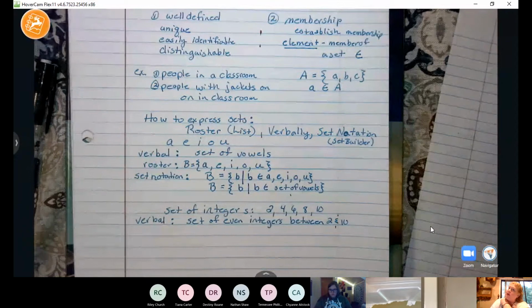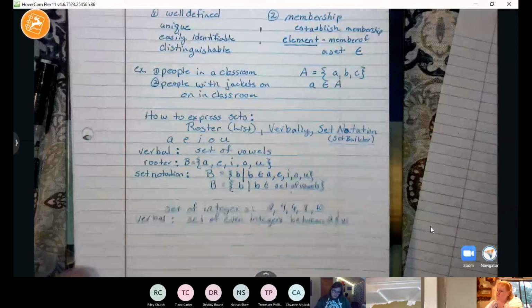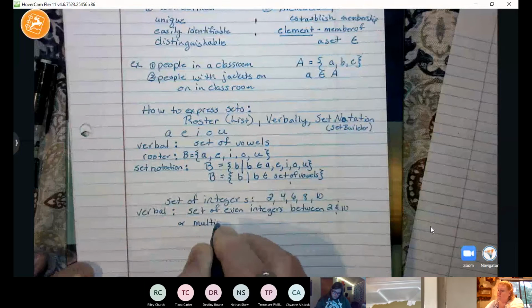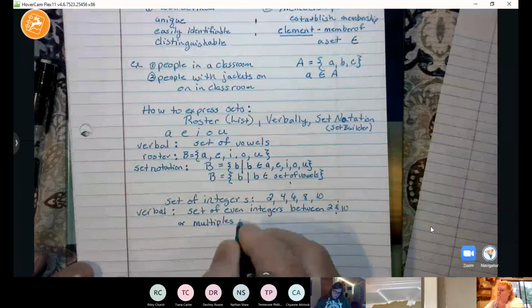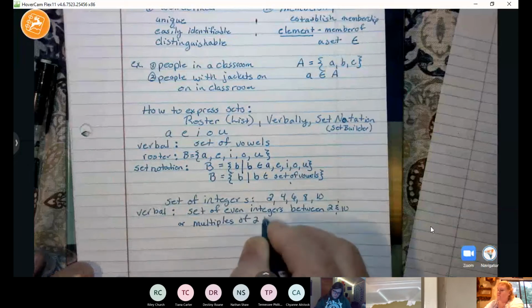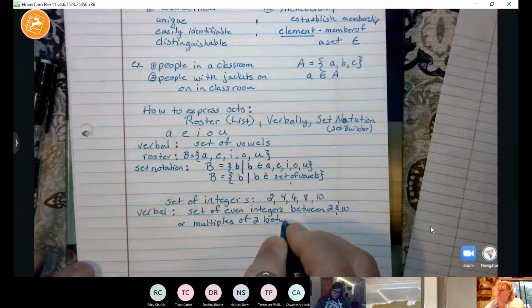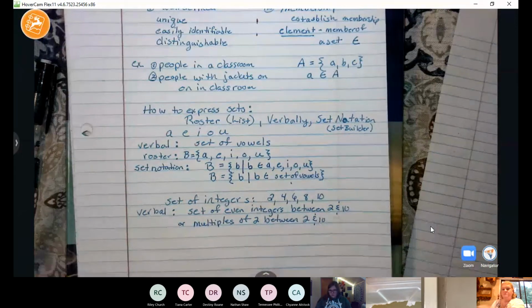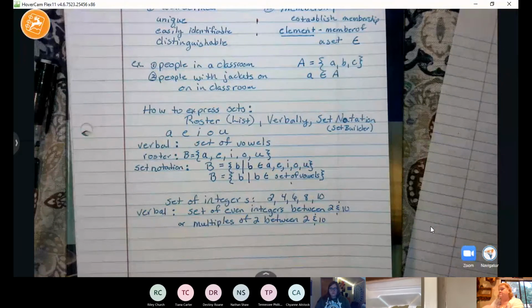That is not the only way to describe that set. You could say multiples of 2 between 2 and 10. So that's another way to verbally describe that set.